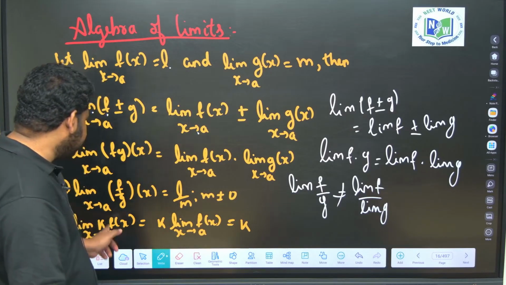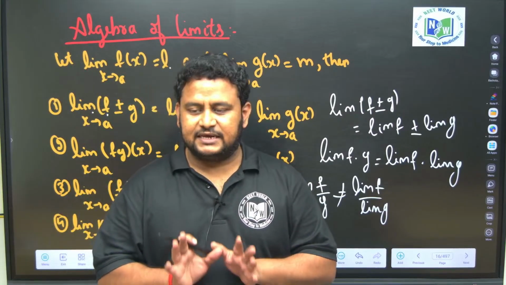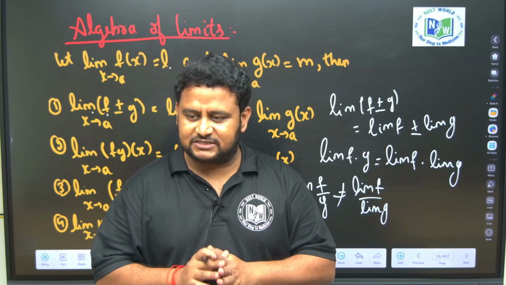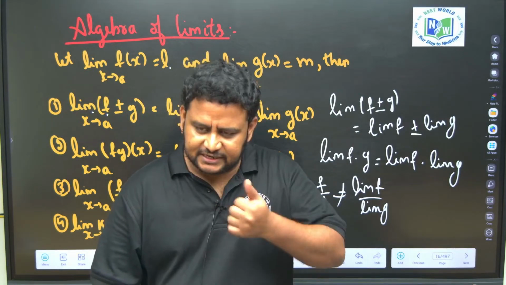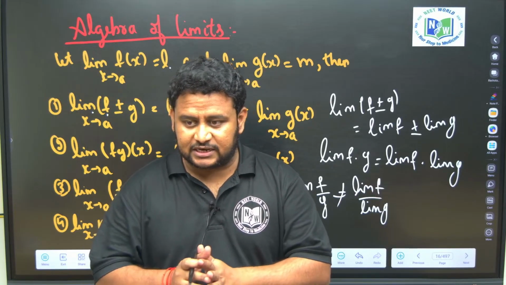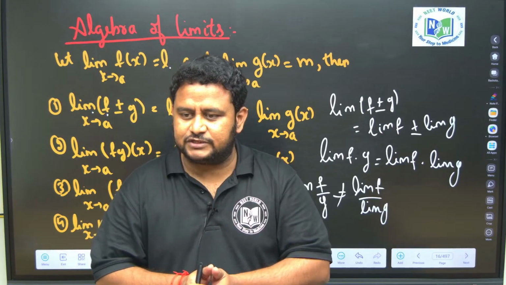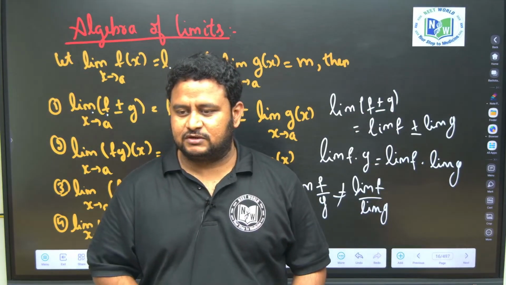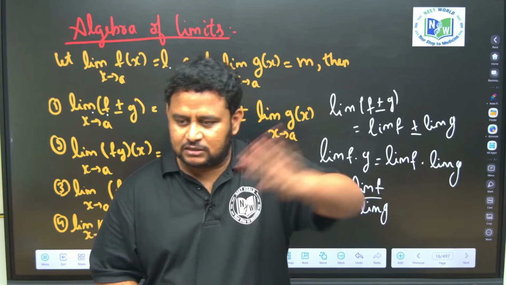Next thing is limit of k times f of x, that is, when any constant is there along with the function. Even in differentiation or even in integration, when a constant is along with the function, what we should do is throw out the constant.